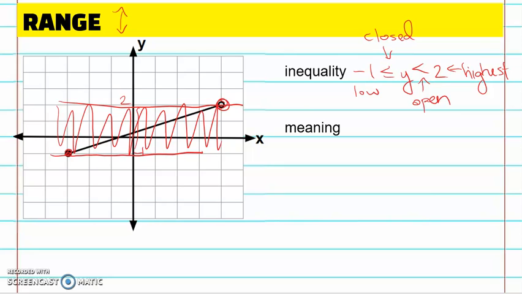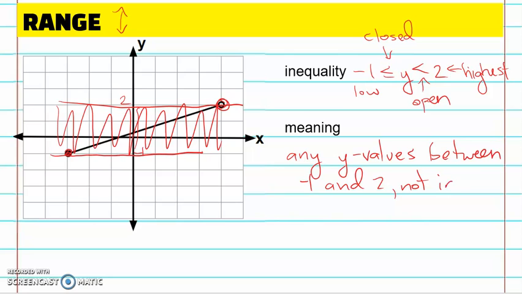So the meaning of this is that my graph has any y values between -1 and 2, not including 2 because it's not equal to it, right? So not including 2.